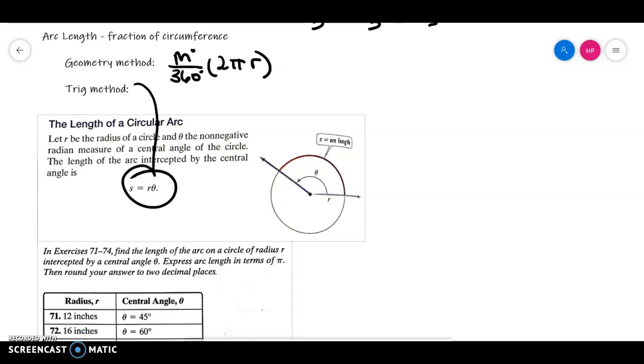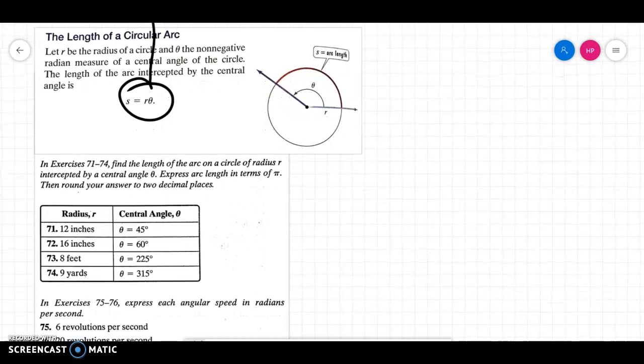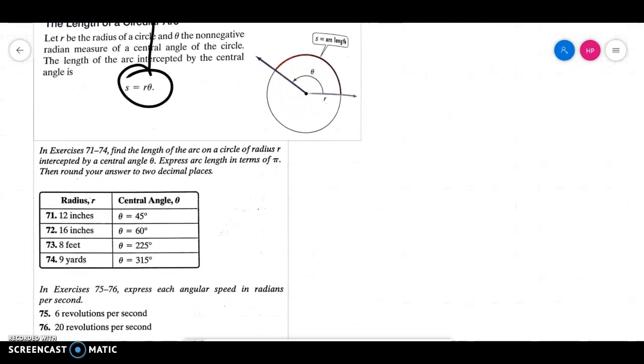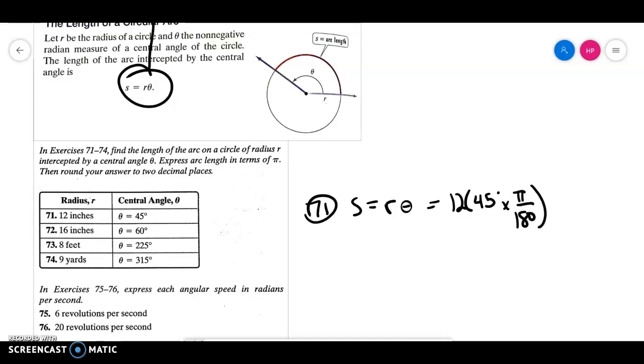So if we're looking at these first couple, find the length of the arc, then something like 71, because of the direction we're working in this time, is as simple as if s is equal to r theta, we are just taking 12 and multiplying it by my radian measure. 45 is in degrees. So to get to radians, that has to be pi divided by 180.